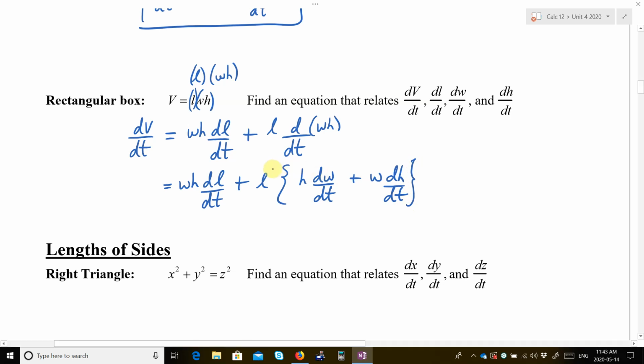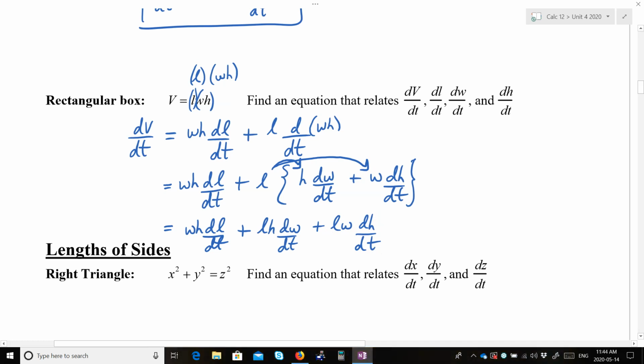Then notice that the L can multiply onto both of these, and we get a final answer of WH times dL/dt plus LH times dW/dt plus L times W, we can go LW dH/dt.